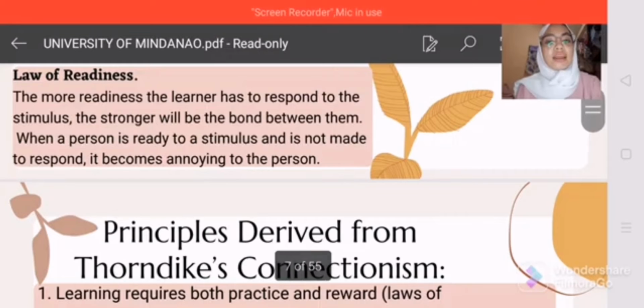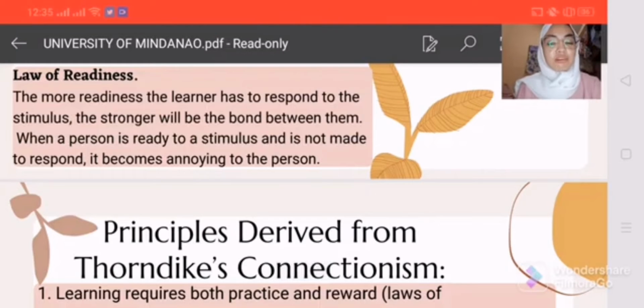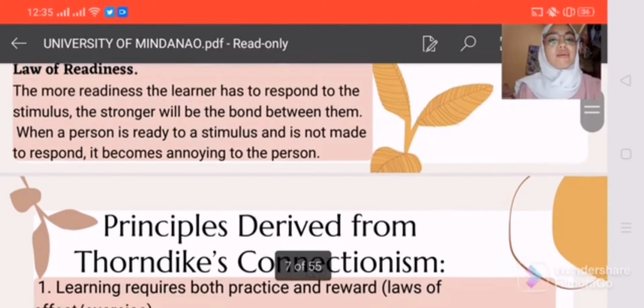Like for example, pagpasok mo pa lang magsasabi ka na agad, okay class, may quiz, while ang nakasanayan ng estudyante mo is before you give quizzes, you give time for them to study. So that is the law of readiness.